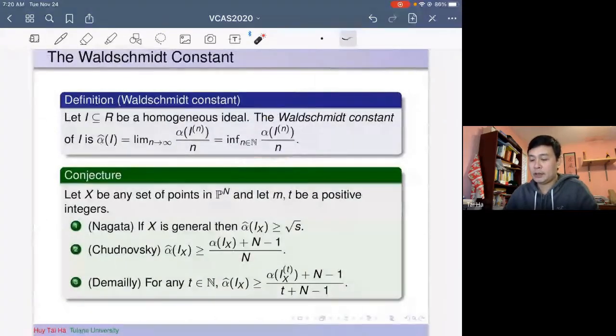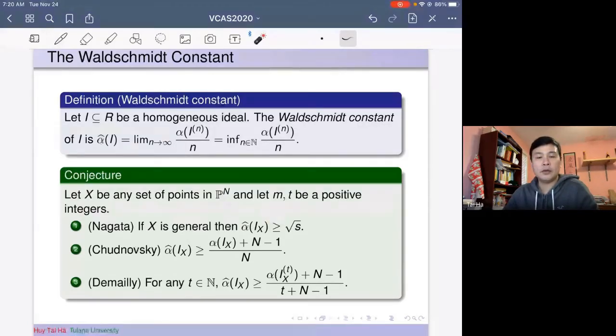So again, when X is any set of points in P^n, Nagata says that if X is general enough, then alpha hat, the Waldschmidt constant of I_X, is at least root of s. In fact, it's already known that alpha hat of I_X is less than or equal to root of s.